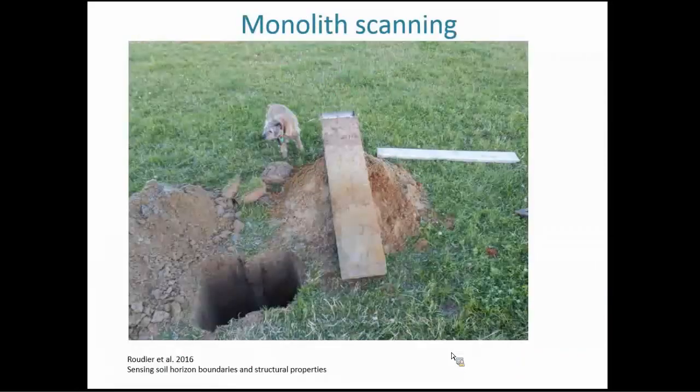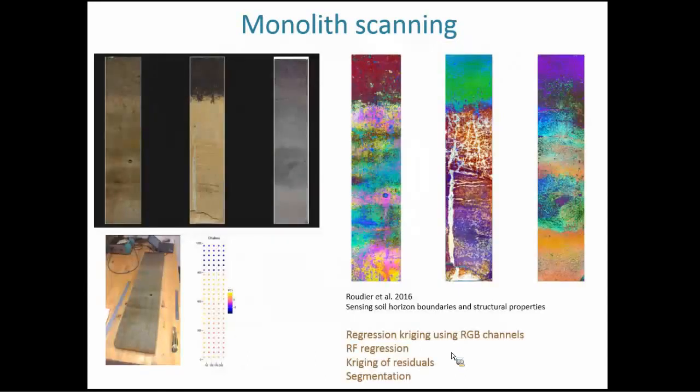Pierre Roudier in New Zealand didn't use soil profiles, but he used monoliths. He took these monoliths to the lab, and they had a setup where they rasterized them, and then they did, I think, an NIR on it, and then they did all sorts of regression kriging on the RGB channels again.